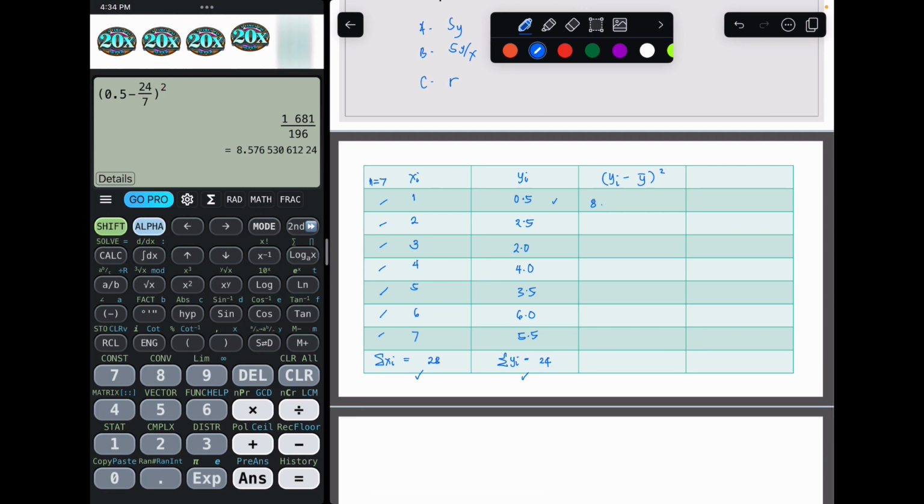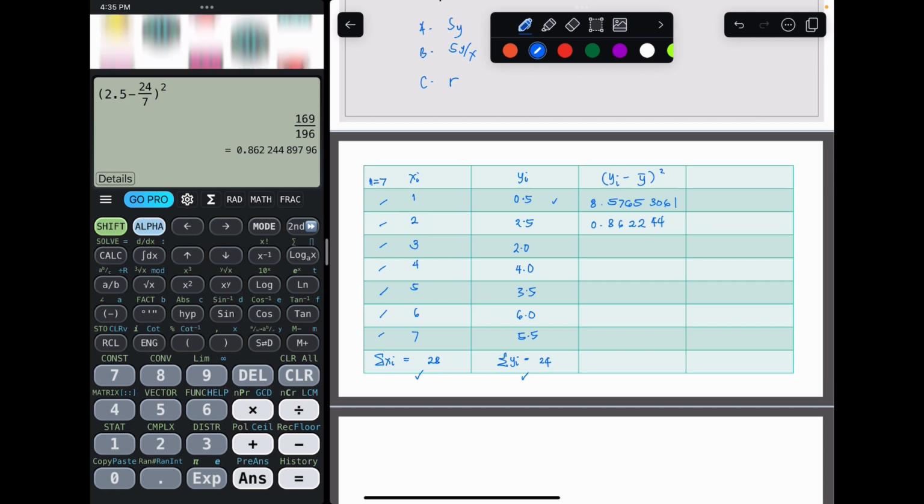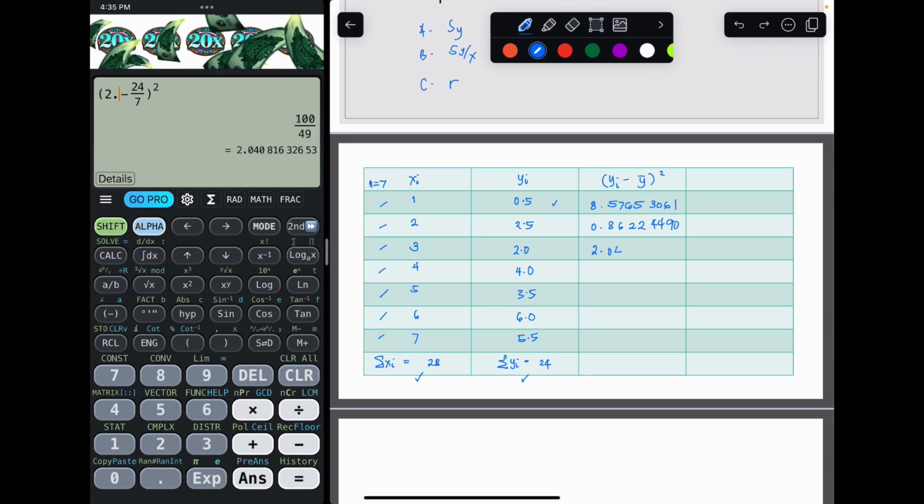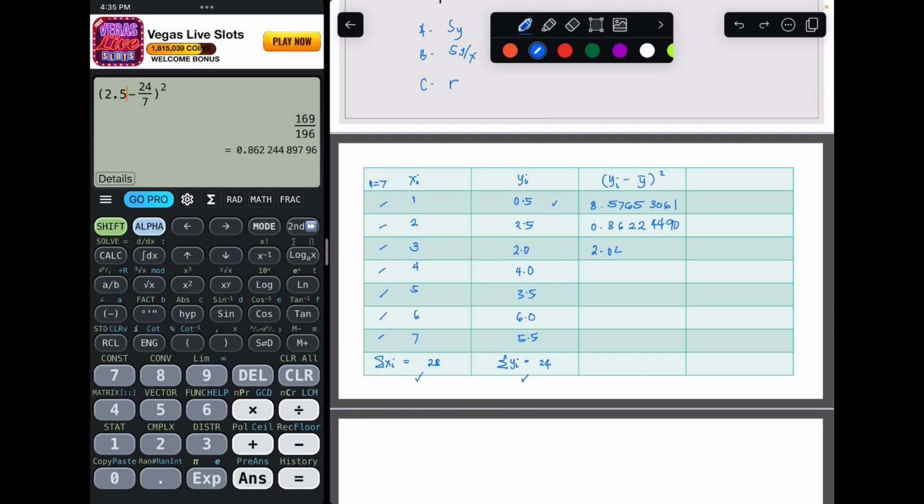So we have 8.57653061. Then we change that to 2.5, so it will become 0.86224490. Then for 2, it's 2.04081633.